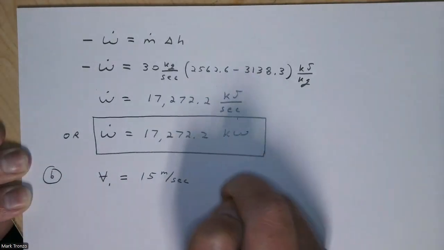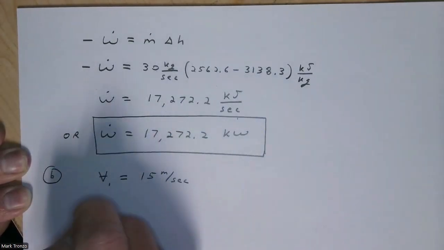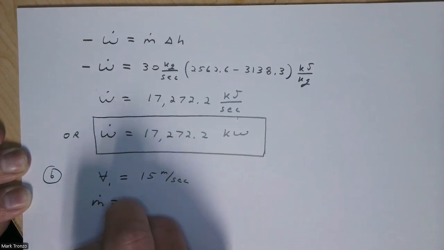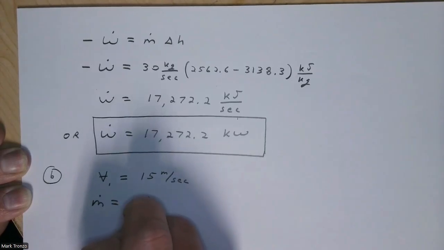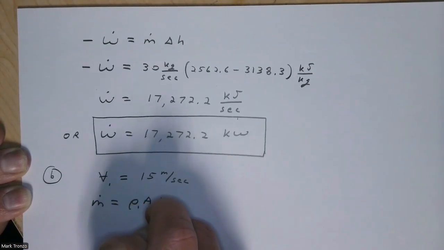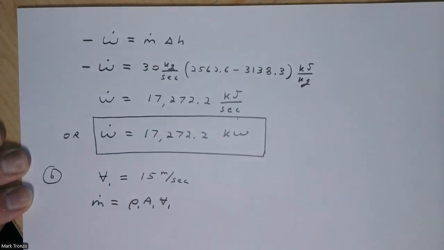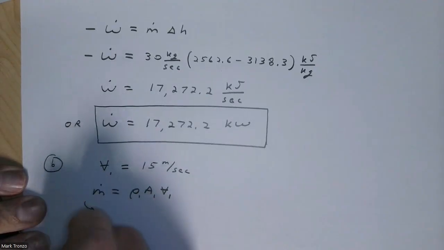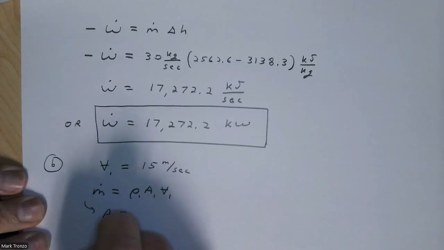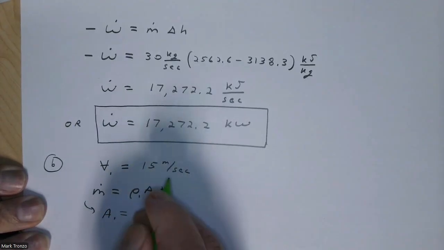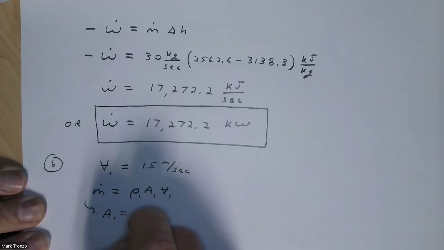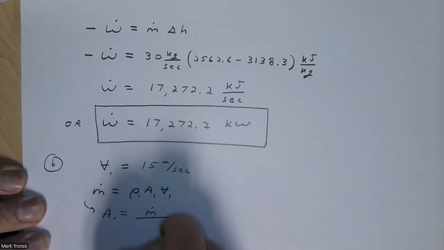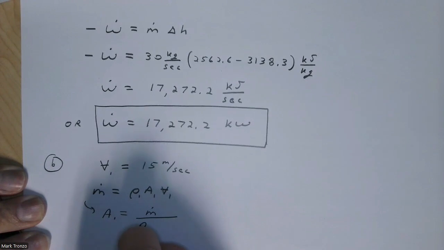To calculate this, we need m dot equals rho 1 A1 V1 for the inlet. Let's solve this for A1. So A1 is going to be equal to m dot divided by rho 1 V1.